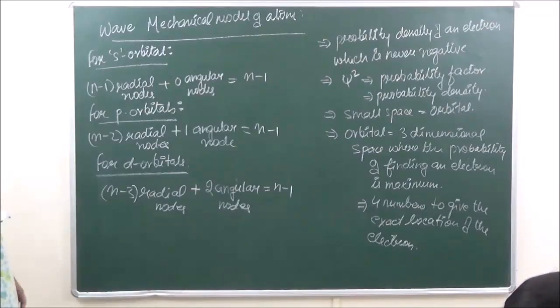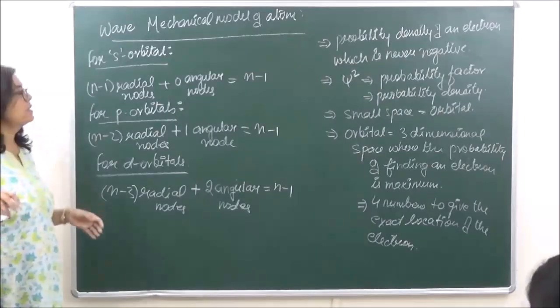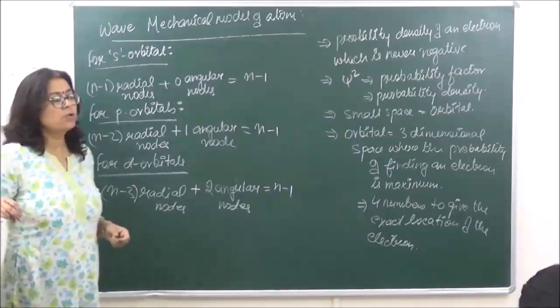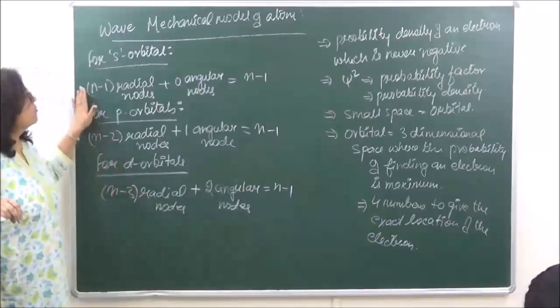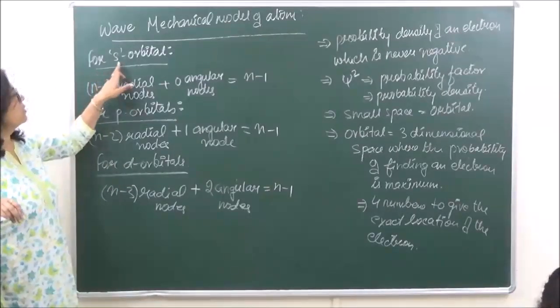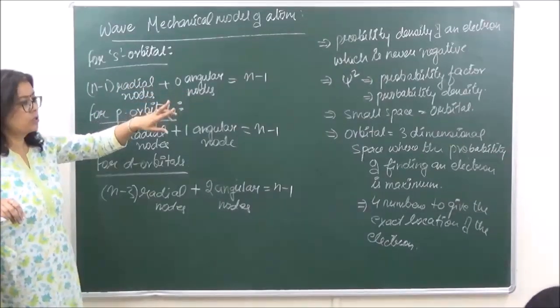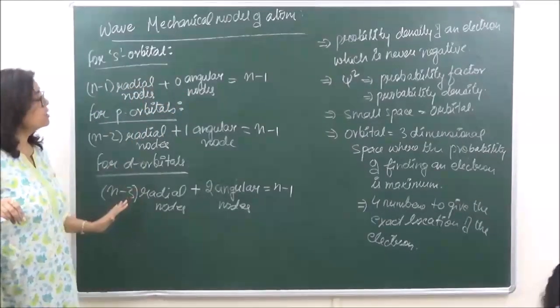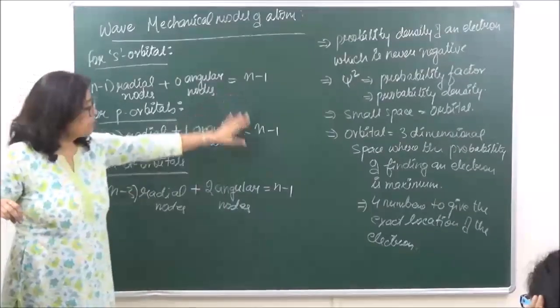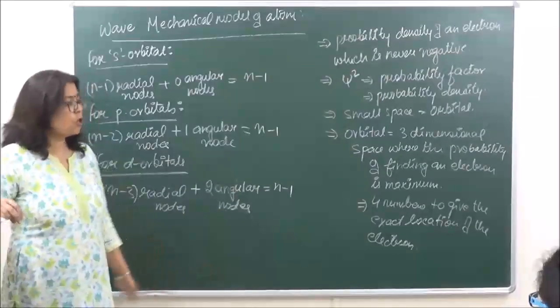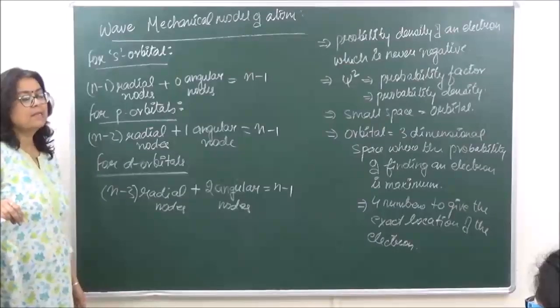So when we are talking of the total number of nodes, let's say the electron present is in n equal to 3. Then the total number of nodes in the s orbital will be 3 minus 1, equal to 2. So total nodes can be calculated by the same formula for all the orbitals, that is n minus 1.